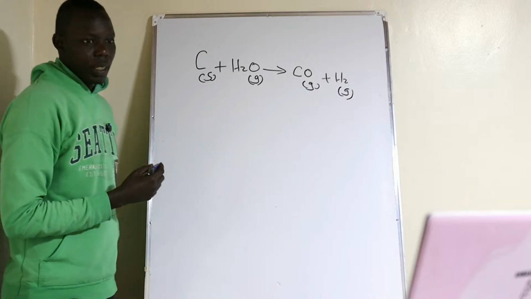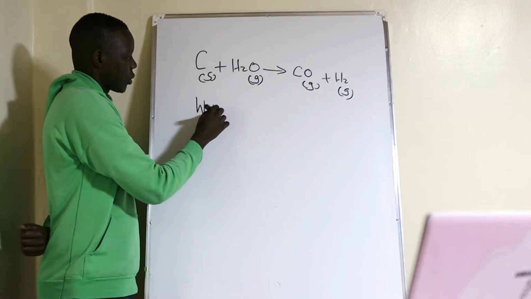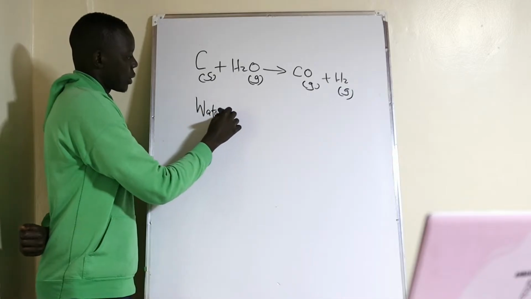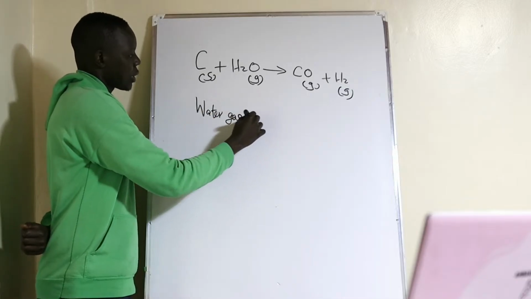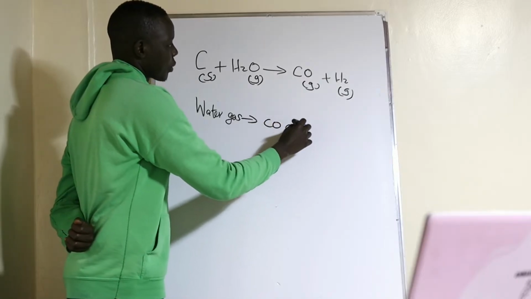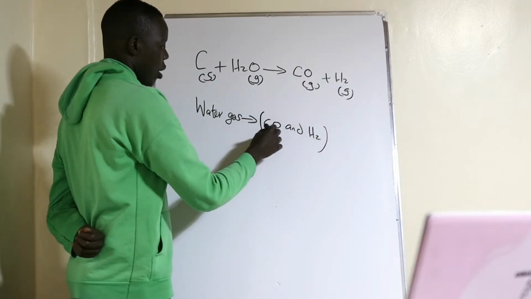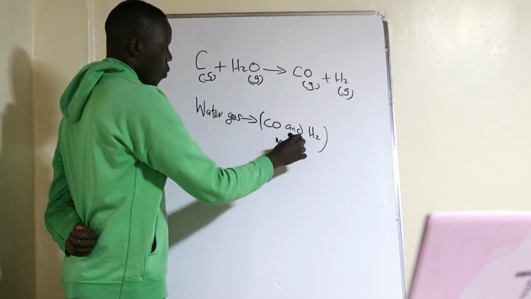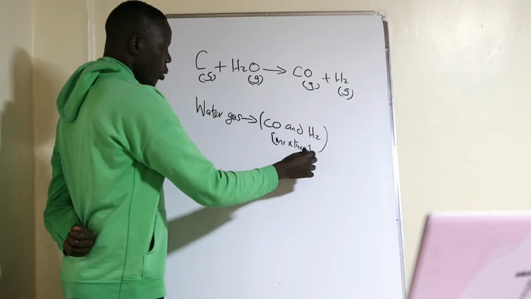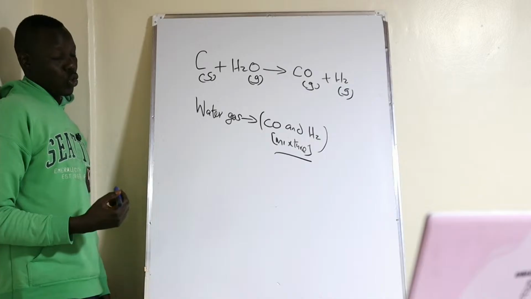Now, there is something called water gas. Water gas is a mixture of CO and H2. Name the two gases that comprise the water gas: CO and H2.